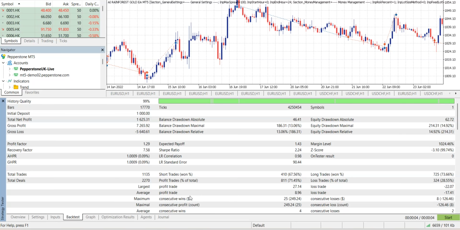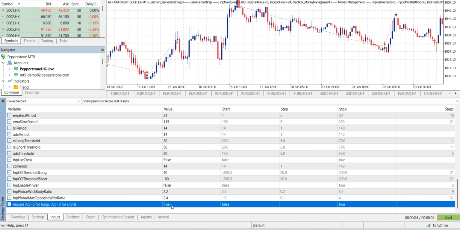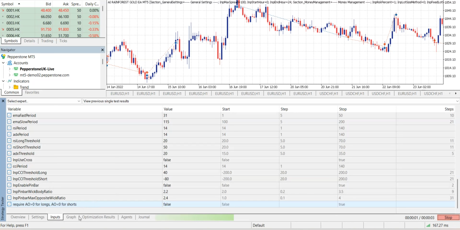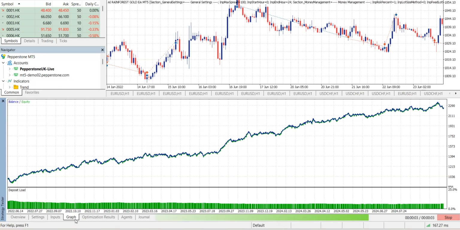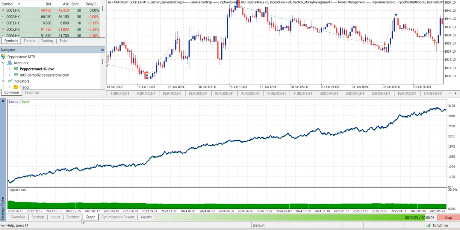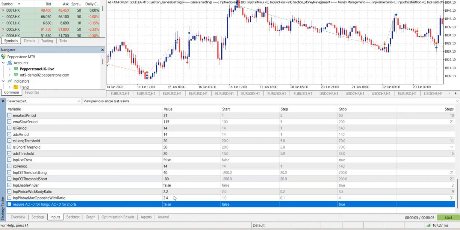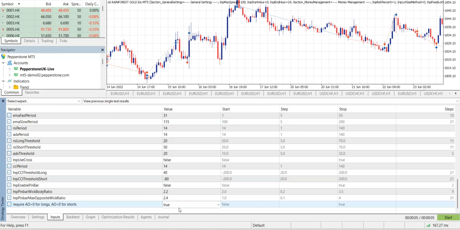What is our average profit trade, average loss trade if we are running it without? Because I am just curious how it is working. Okay, it is pretty similar. Very interesting. Okay, so here we go. We added the awesome oscillator to the strategy.